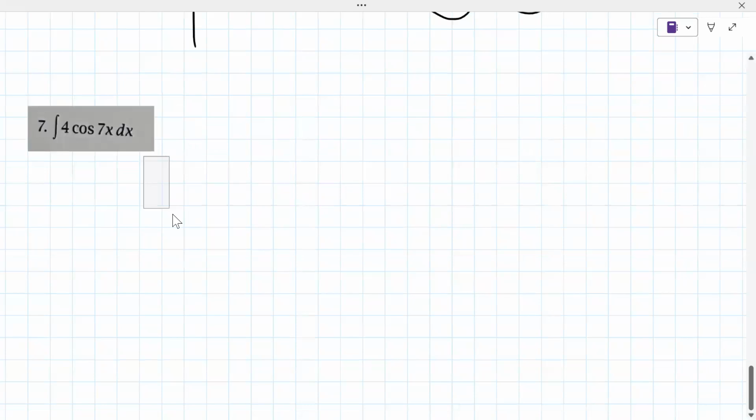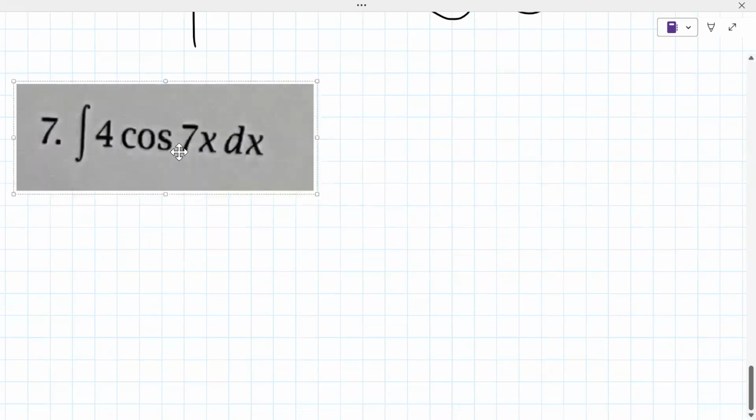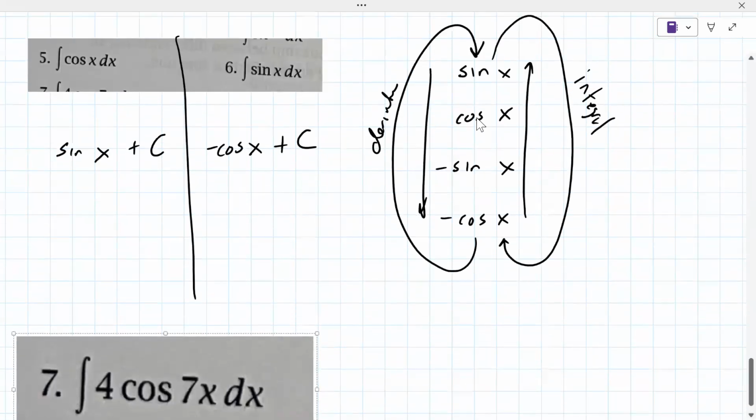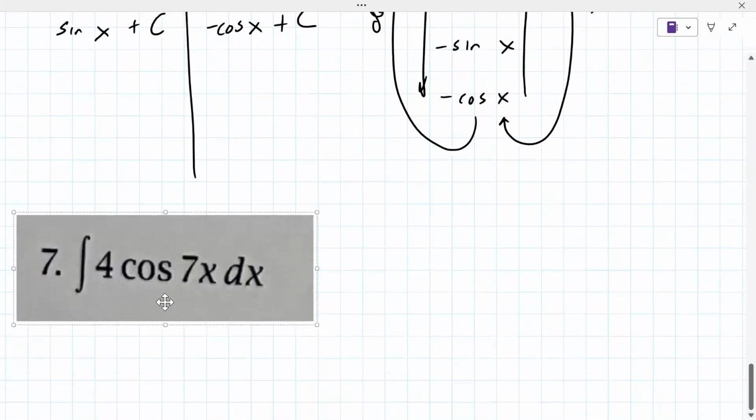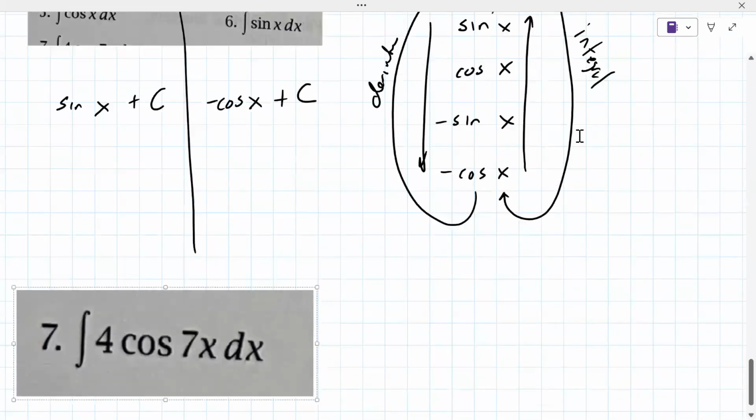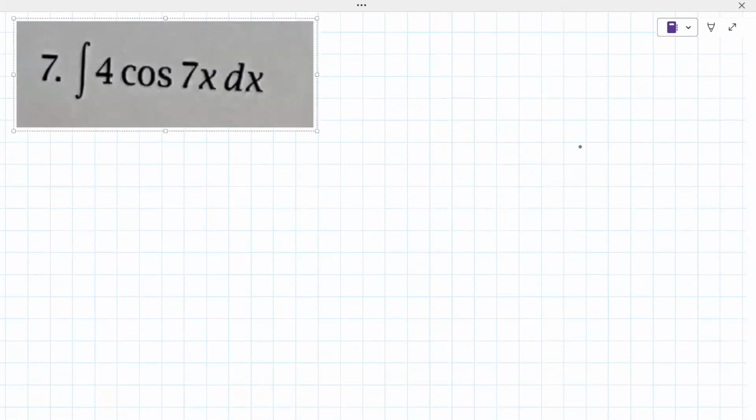But if we keep in mind, if this were just cosine of x using our list here, what would the antiderivative be? Sine x, yeah. So we can maybe say that this is sine 7x, and you're going to bring down the 4, plus a c. You might think, okay, maybe that's the answer, right? Like I'm just going to guess, maybe I'm right.